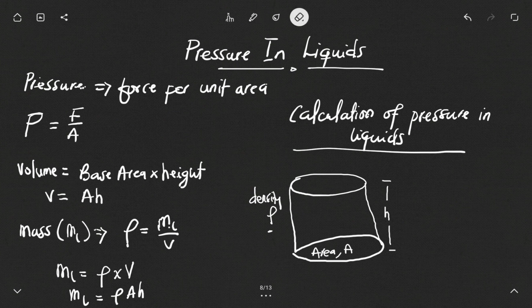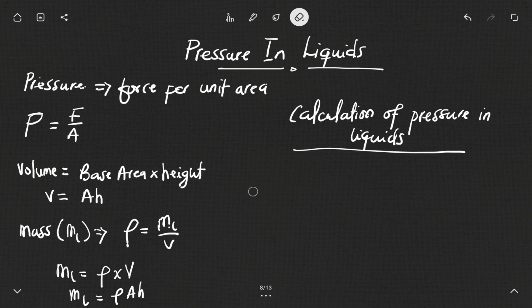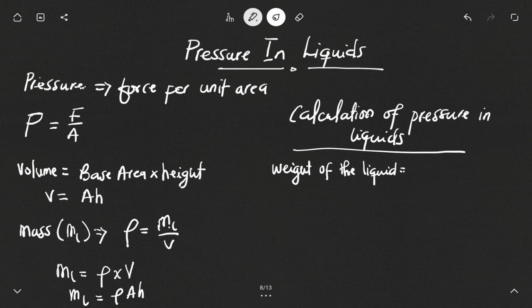Now I'm going to erase this illustration, but it's actually very important. Now that we have the volume and the mass, let's look at the weight of the liquid. The weight is mass multiplied by acceleration due to gravity, which is m multiplied by g.